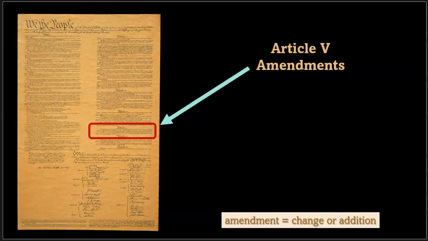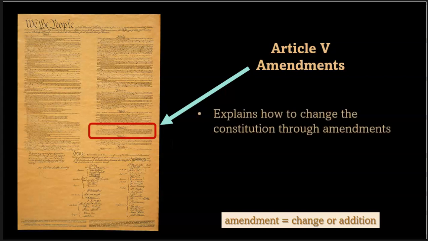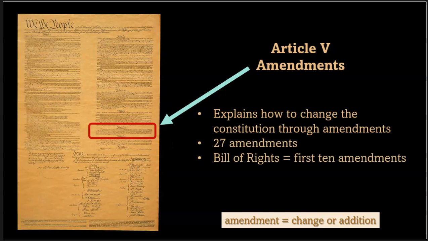Now, remember, an amendment is a change or an addition to the Constitution, and Article 5 explains how to change the Constitution through amendments. That process is not especially easy, but we have made 27 amendments to the Constitution. The first 10 amendments are called the Bill of Rights, and then there are 17 other later amendments.